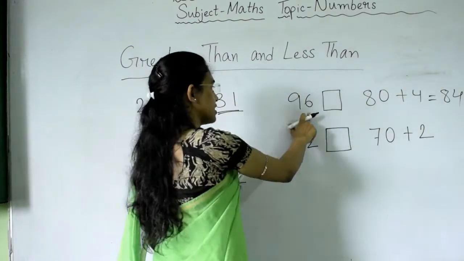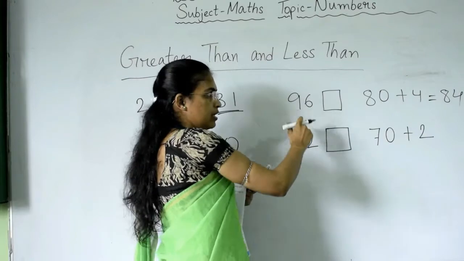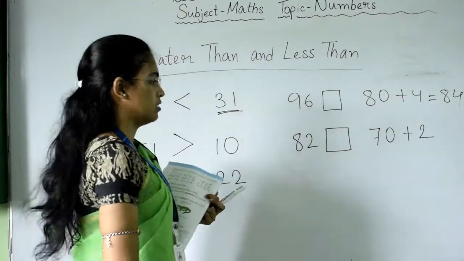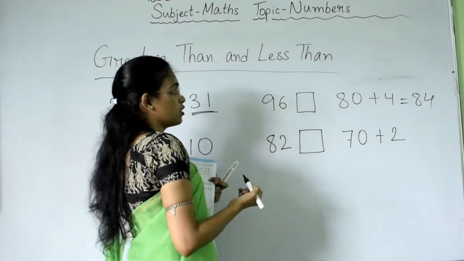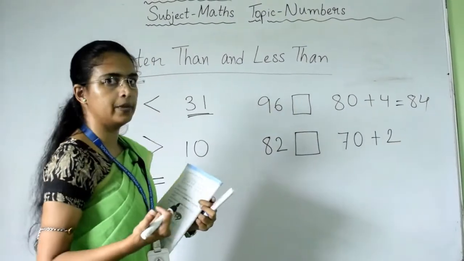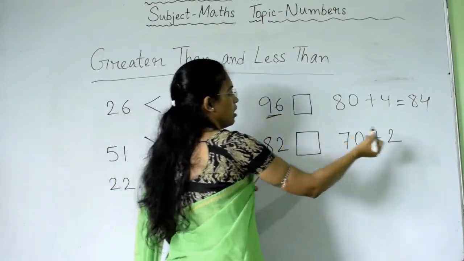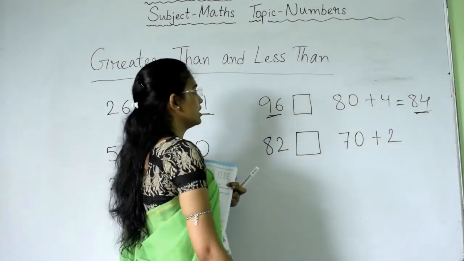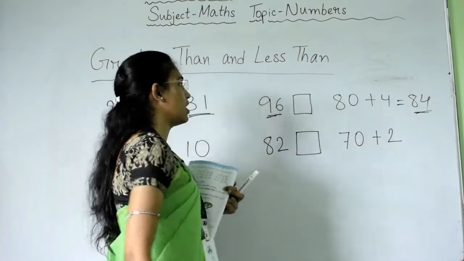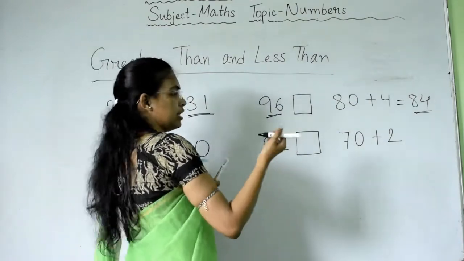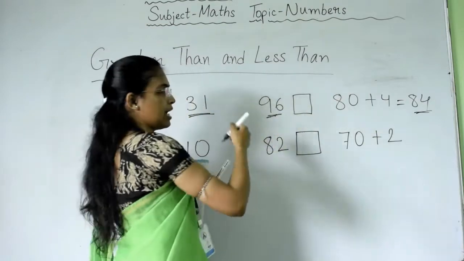So 96 is the biggest number or 84 is the biggest number? Which one is the biggest number? Help crocodile to eat the biggest number. Can you tell me which one is the biggest number, 96 or 84? Yes, 96 is the biggest number, right? So crocodile will go in which side? In this side or in this side?